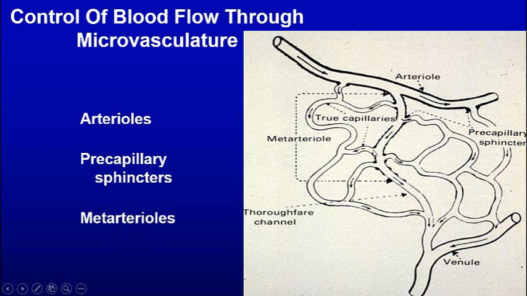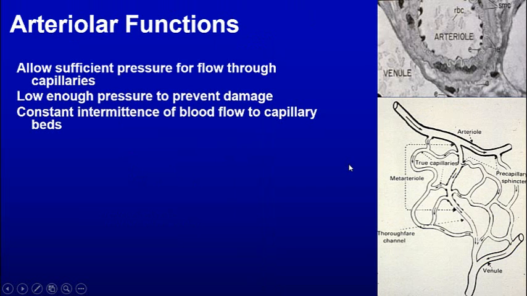A metarteriole is like a shunt. If it's not contracted, then the blood will go through there. But if this is contracted, then that will run the blood through the capillary network. So between the arterioles, the precapillary sphincters, and the metarterioles, that regulates the flow coming in there.